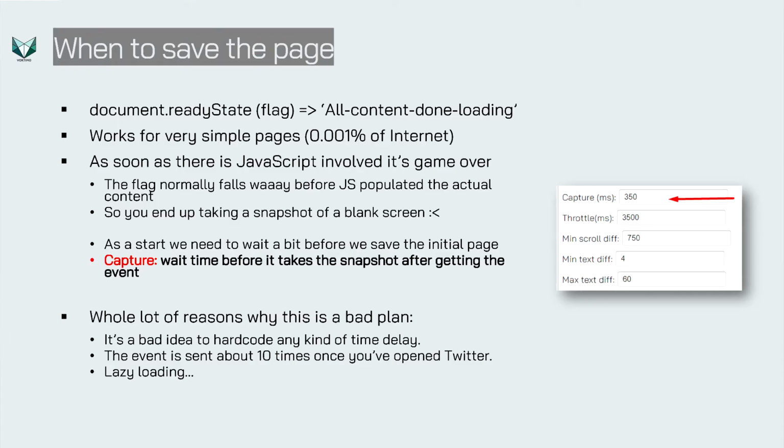So now let's see, how can we put these things together in a way that we can save pages with all of the criteria that we discussed in the past? Okay, so now the first thing that you got to consider is when to save the page. So you would think that it's pretty easy.